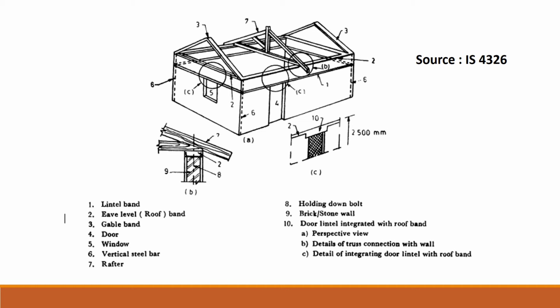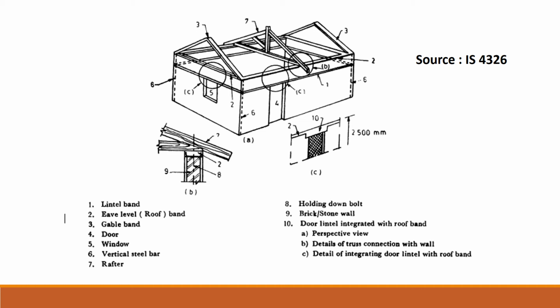Now, in the same diagram, there is a roof band 2 which is provided below 7, that's the rafter. So the hold down bolt goes through the roof band.